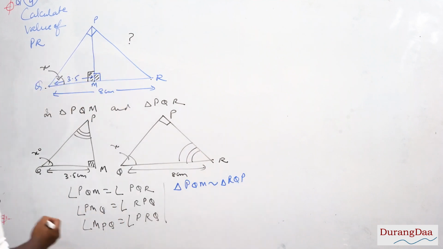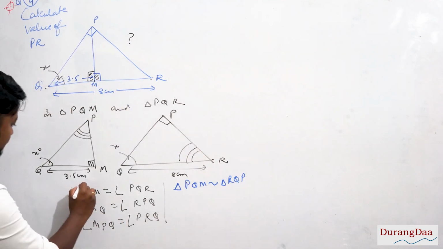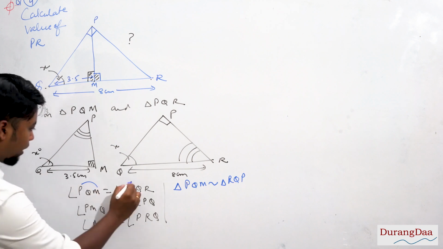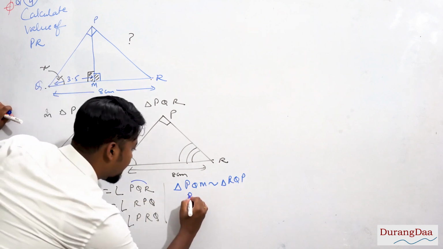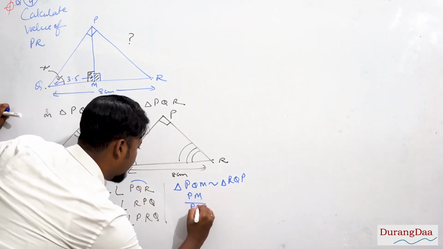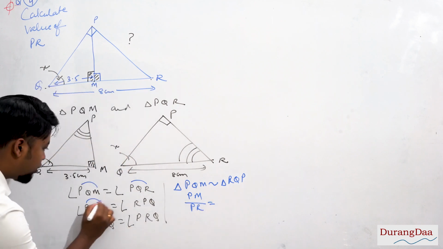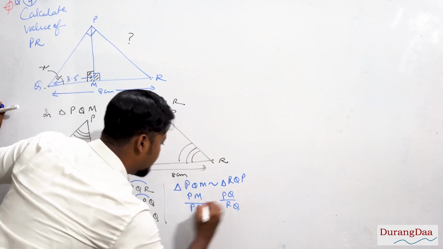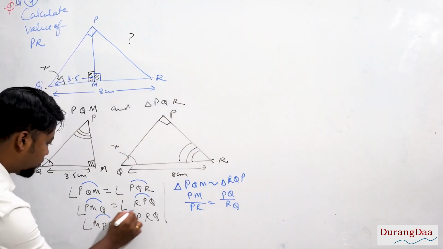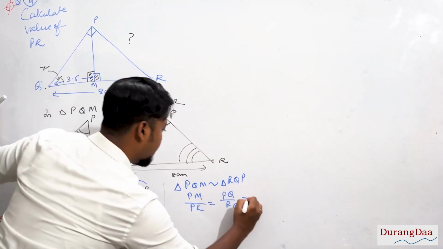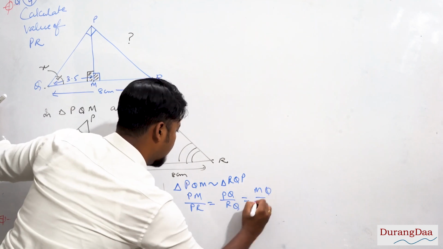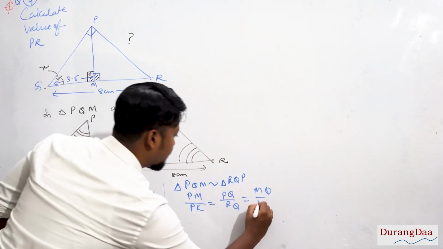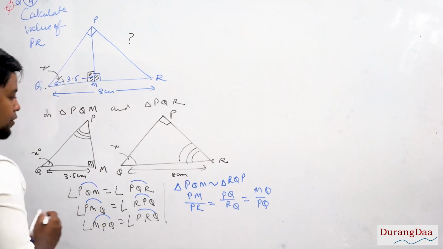If we have to write the ratios, the ratio would be PM by PR equals PQ by RQ and finally MQ by PQ. So we got the ratios.